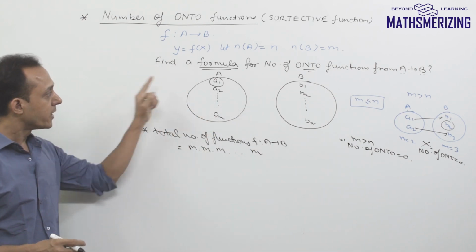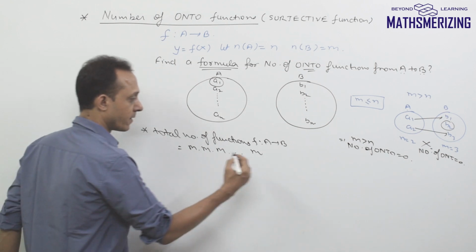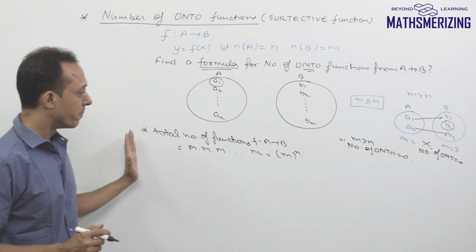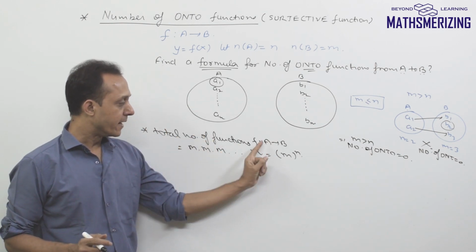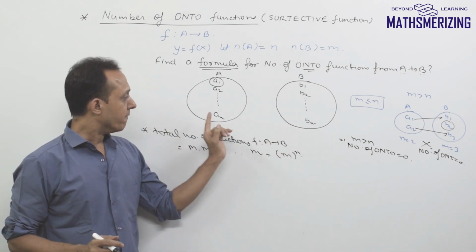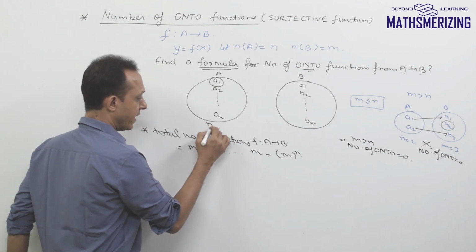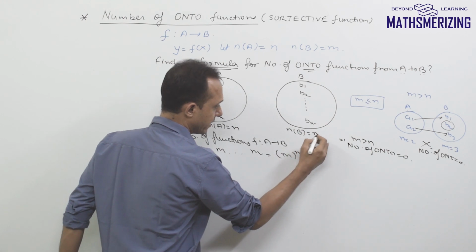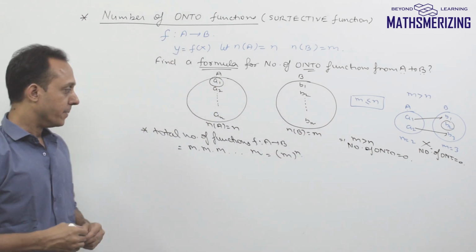So if I look at all the choices for all the elements, it comes to m to the power n. So the total number of functions from A to B is m to the power n, where n is the number of elements in set A and m is the number of elements in set B.